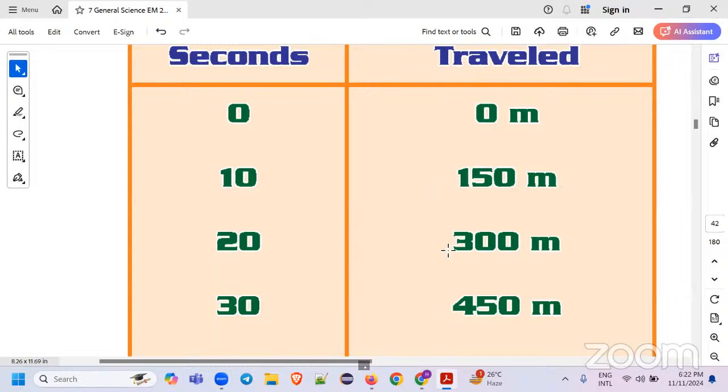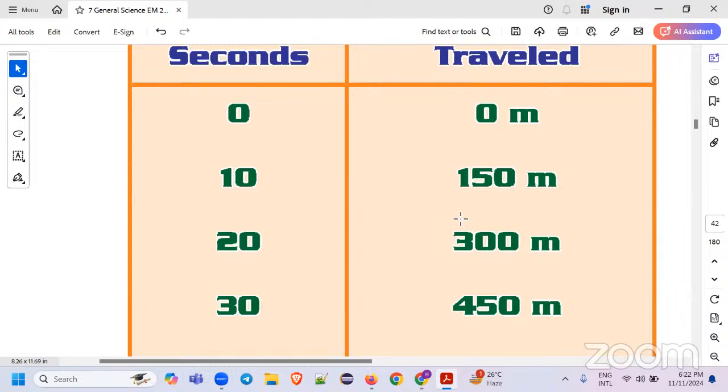150 to 300. What is the difference in distance? 150. So in the first 10 seconds, it traveled 150 meters, and in the second 10 seconds, it traveled 150 once again.